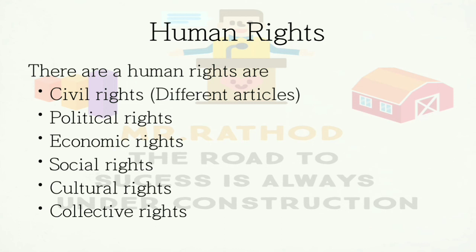Next civil right is the right to an adequate standard of living. Next civil right is the right to social security. Next civil right is the right of children to special protection. All the civil rights are included in different articles from 1 to 29 in human rights.